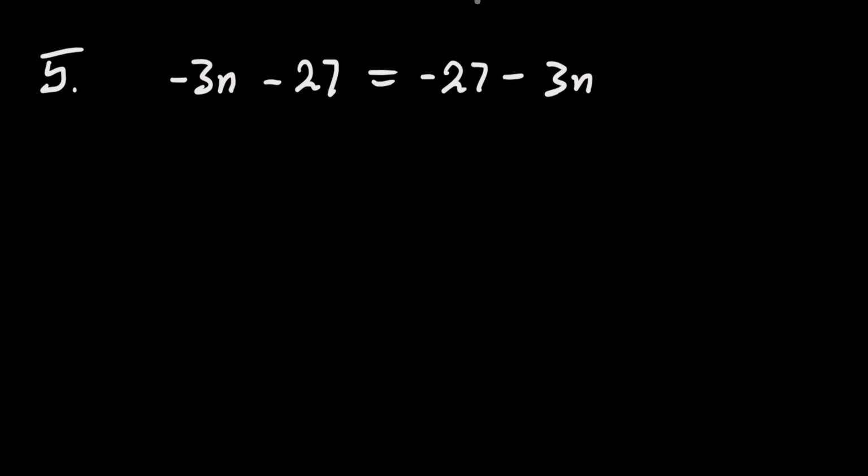So we have negative 3n on the left side. We also have it on the right side. So we can simply add 3n to both sides. So plus 3n and plus 3n.